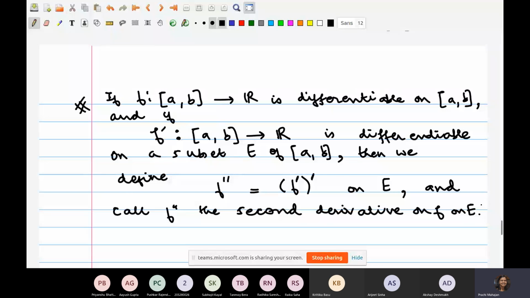Similarly, you fix a positive integer n and you would like to consider the nth derivative of f at that point. So let me write this down.